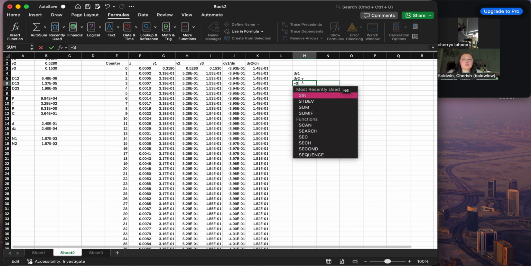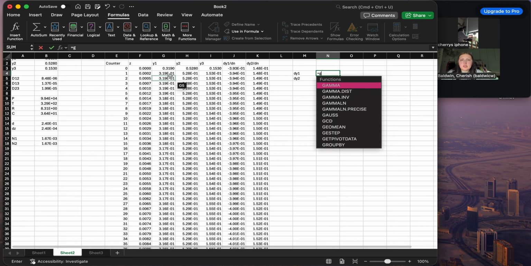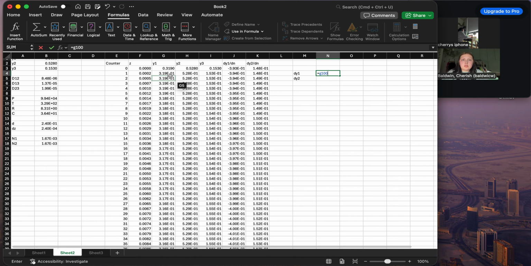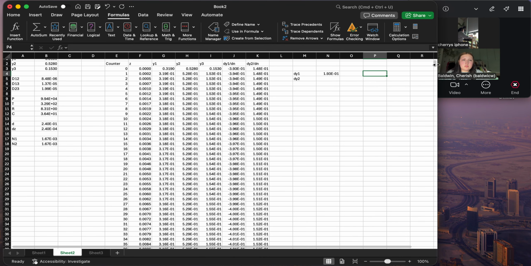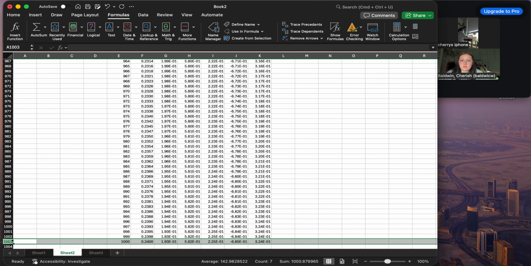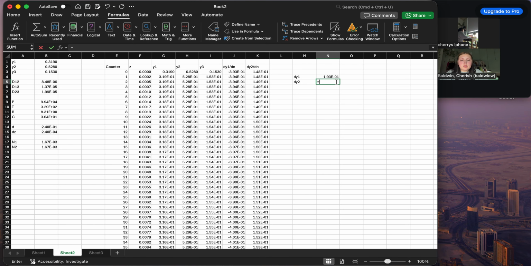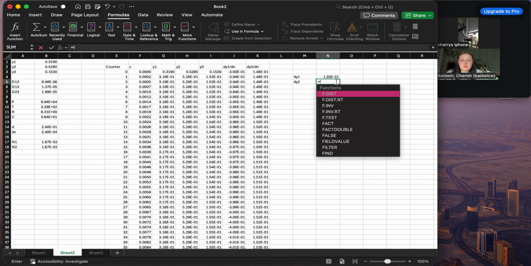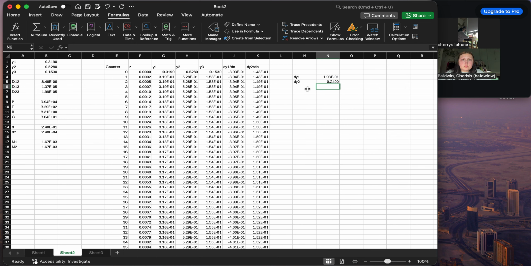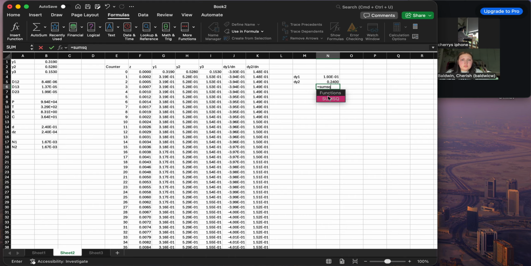We need this is equal to FRG 1003. Yep. 1003, and then this is F 1003. Perfect. Now the sum square of these two.